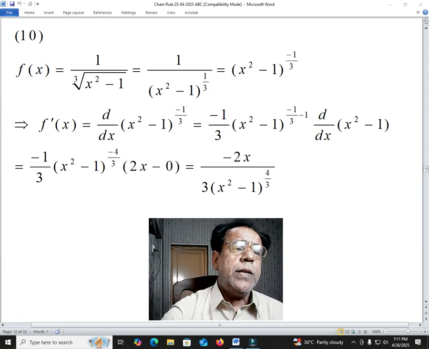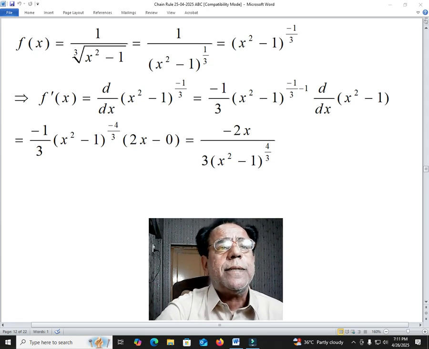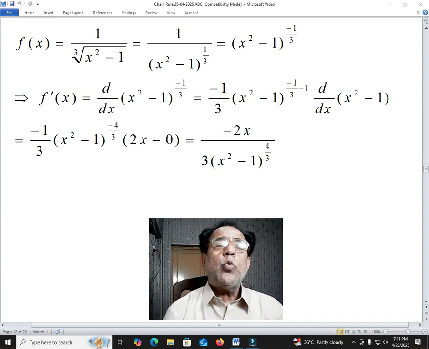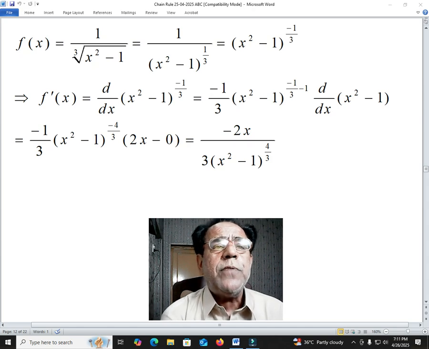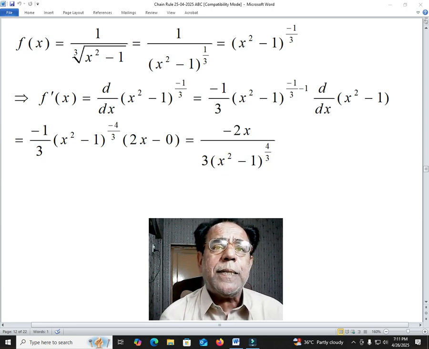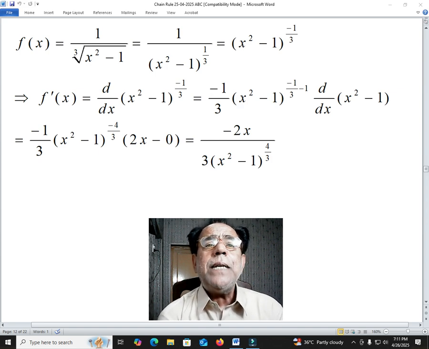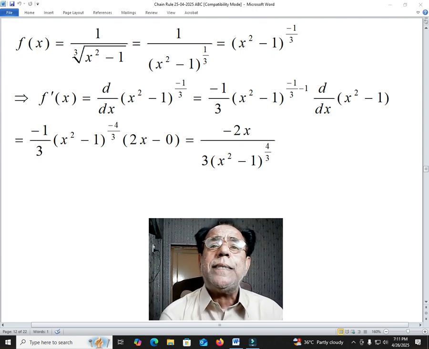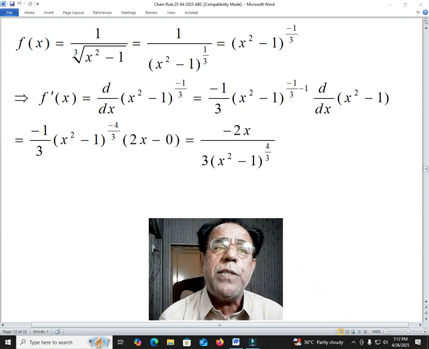Now f dash x will be equal to d over dx. Now we are going to apply chain rule together with the power rule. So it will become minus 1 by 3 (x square minus 1), its power minus 1 by 3, from this power 1 will be subtracted, and then derivative of x square minus 1 will be taken. Yes students, differentiation of x square will be 2x, while differentiation of 1 with respect to x will be 0.